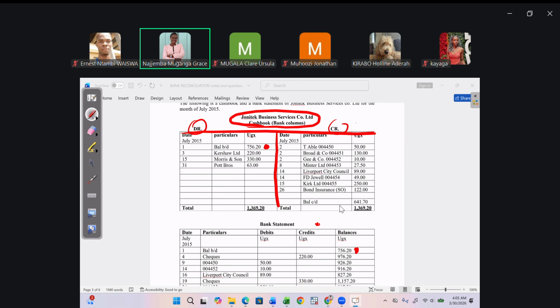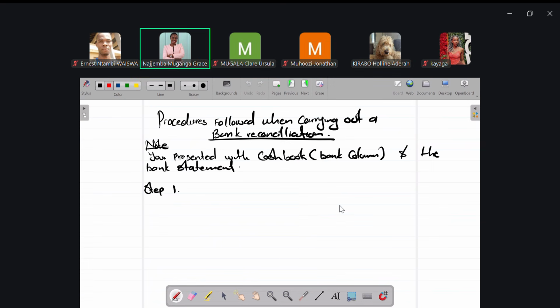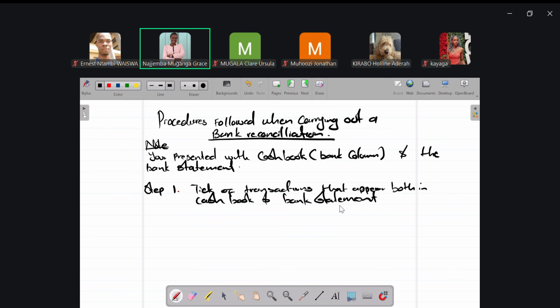So after obtaining your cash book and the bank statement, step number 1 is tick off transactions that appear both in the cash book and the bank statement.